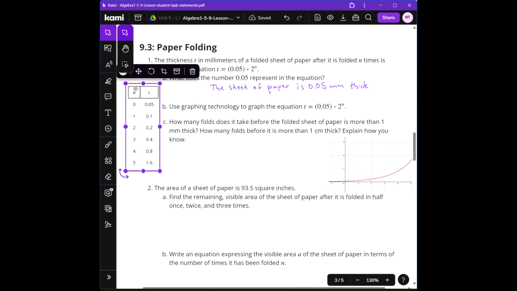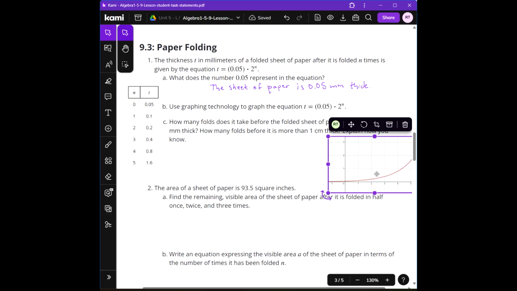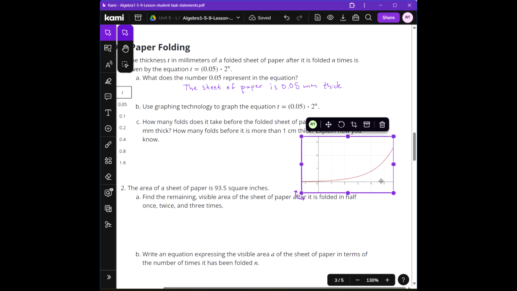We know that when the paper is flat and there are no folds, the thickness is 0.05 millimeters. Then we're just going to plug the values of n in to get our t. Over here on the right hand side is what the graph would look like. And it's asking how many folds does it take before the folded sheet of paper is more than 1 millimeter thick.